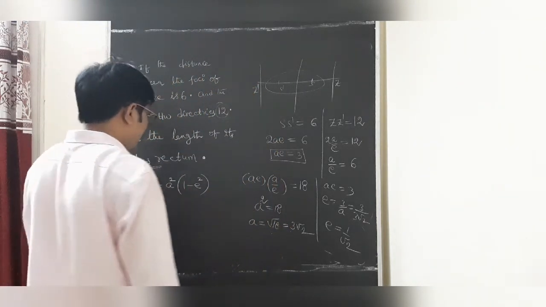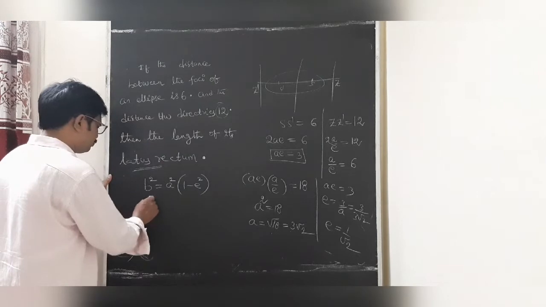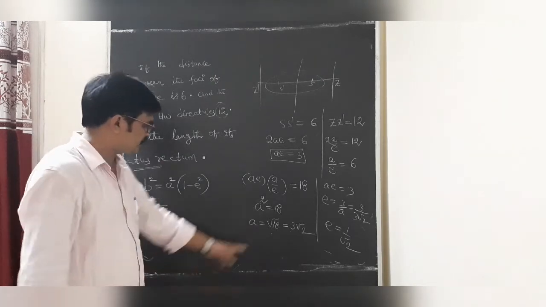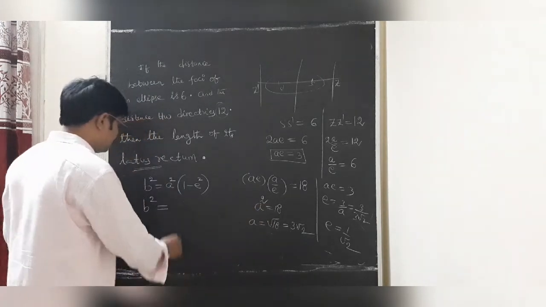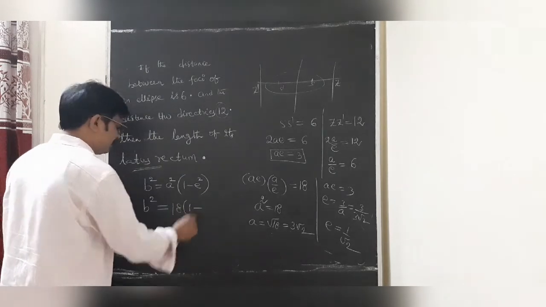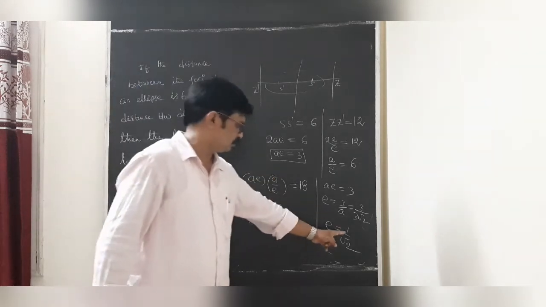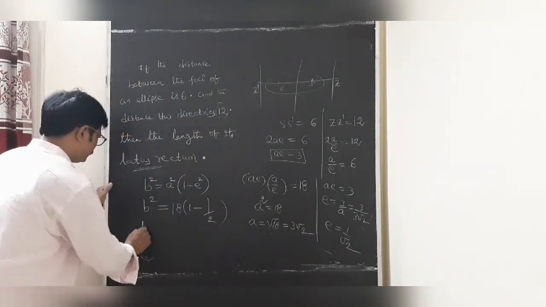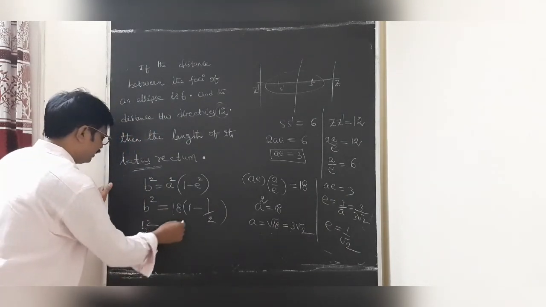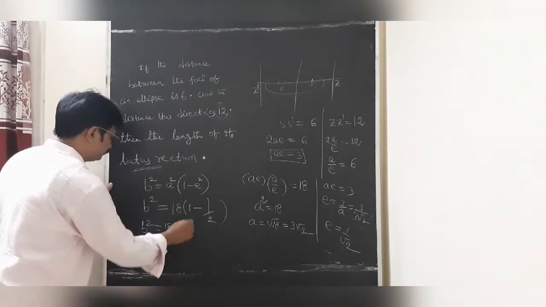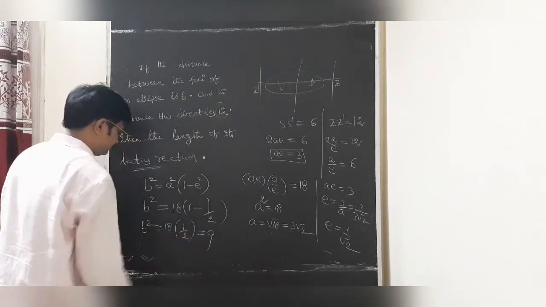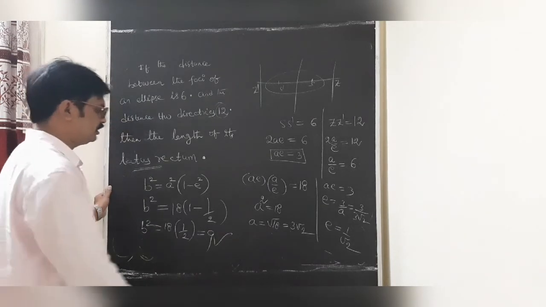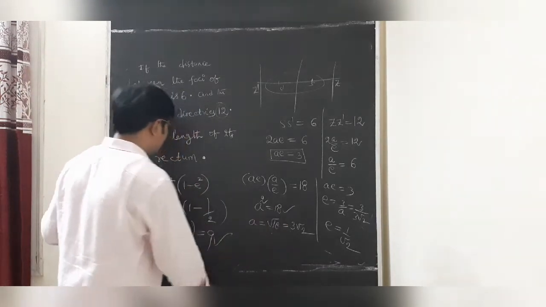So students, here we can write b square equals, the value of a square is 18, so 18 into 1 minus the value of e square, which is 1 by 2. Now b square is 18 into 1 minus 1 by 2, this is 9. So the value of a square is 18 and the value of b square is 9.